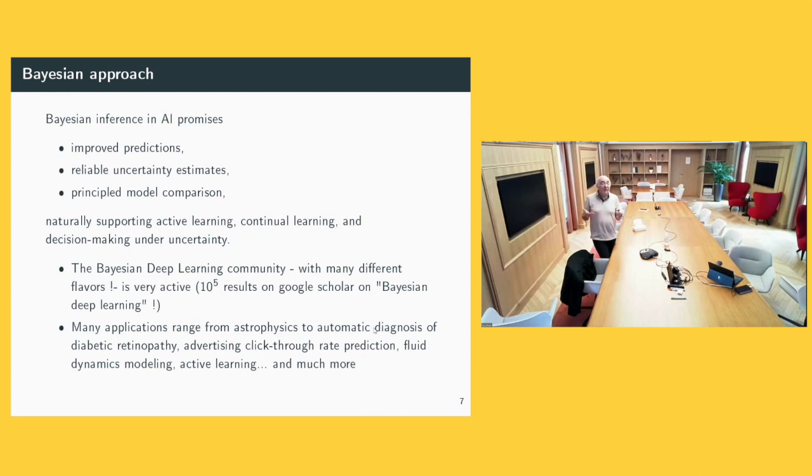You can compare Bayes factors if you are willing to compare models, but the dimension is so large that it's not really doable in practice. And Bayesian inference supports active learning and continual learning.